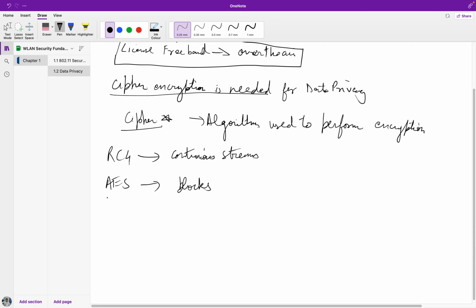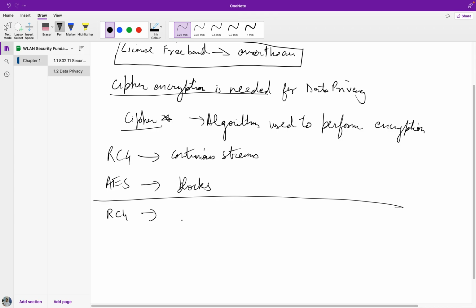Okay, anyway, let's talk a little more about RC4. Now this is, as I said, a streaming cipher used in technologies that are often used to protect internet traffic such as SSL, right?